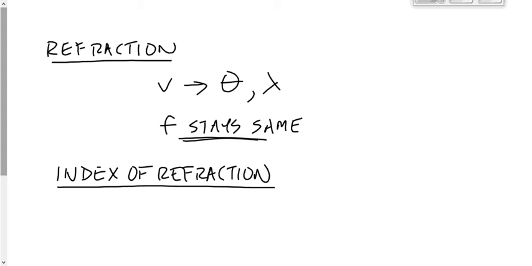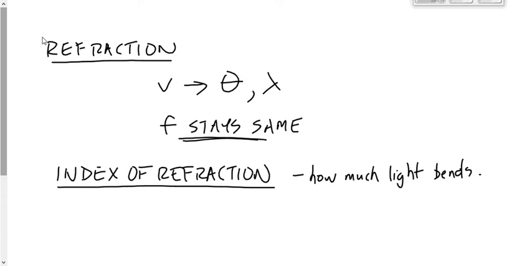The index of refraction we loosely define, this is how we understand it, as a measure of how much light bends in the medium. So if you have a high index of refraction, you get more bending, right? A low index of refraction is less bending. That means that a high index of refraction causes a bigger change in speed, and a low index of refraction causes less change in speed.